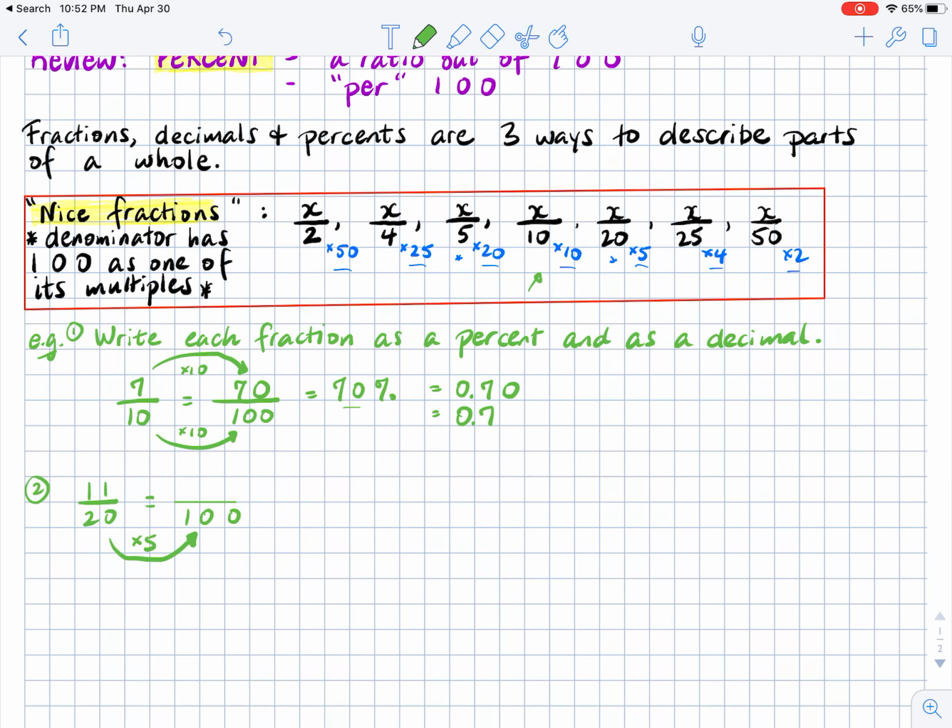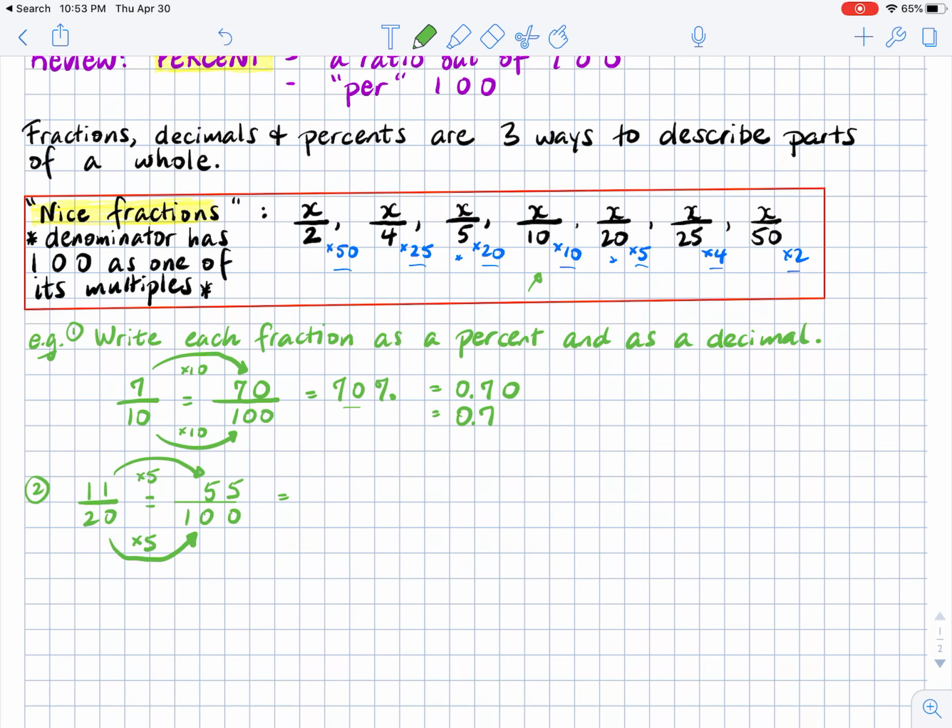And again, I should say feel free to pause the recording at any time if you want to figure out the questions yourself and then check the answer when you're ready to check your answer. Again, whatever you do to the bottom, you have to do to the top of the fraction for the equivalent. If 20 times 5 is 100, then I know 11 times 5 is 55 over 100.